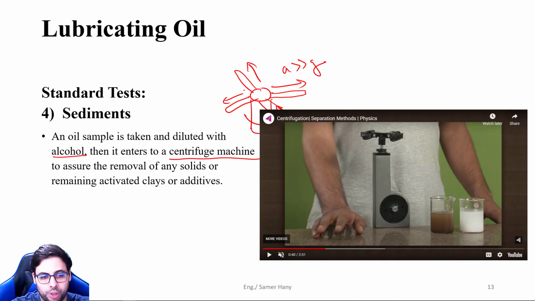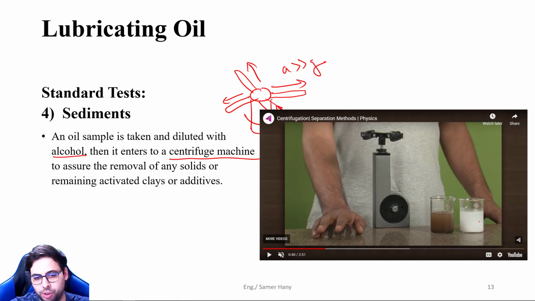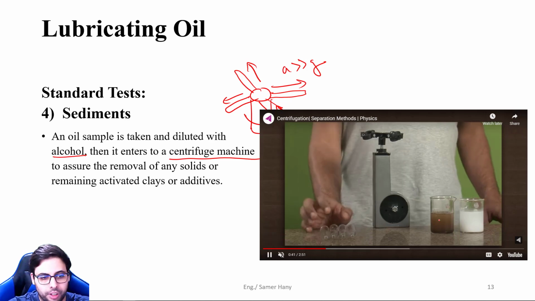Okay, so here we can see two water solutions or suspensions. The first is just dusty water. Some dust is suspended in this water, and here I think this was calcium hydroxide or something. You can watch the video and listen to what this guy says. He explains how the centrifuge works. Okay, so let's see.